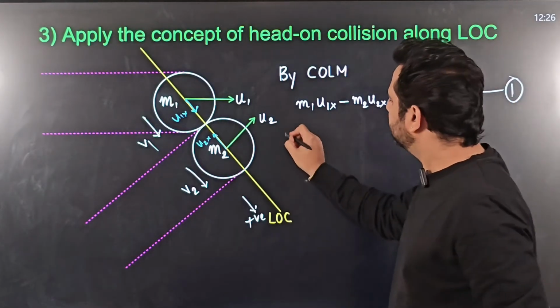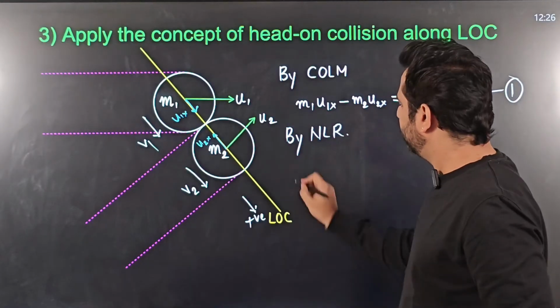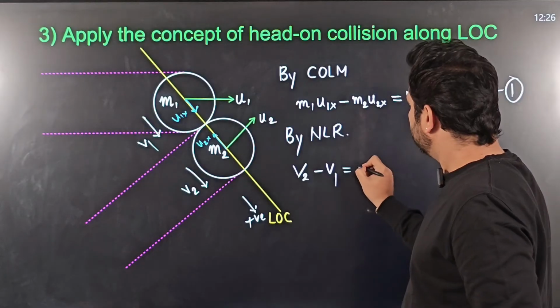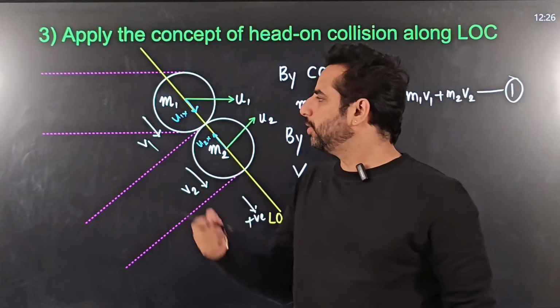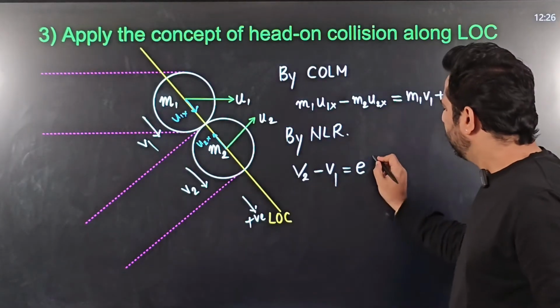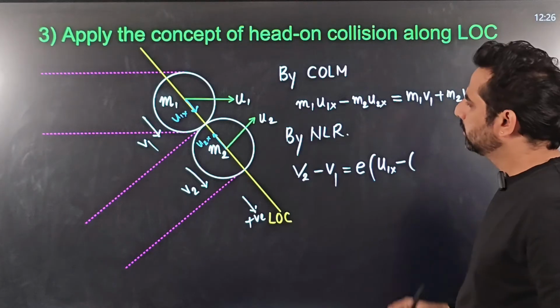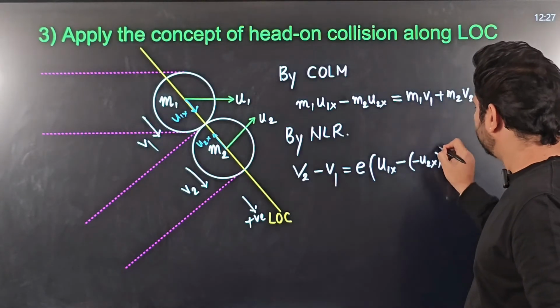The second equation is by Newton's law of restitution. By Newton's law of restitution, velocity of separation after collision, that is V2 minus V1, is equal to E, the coefficient of restitution of the two bodies, times velocity of approach. Velocity of approach would be U1x minus U2x, but U2x has got opposite direction, so minus U2x.